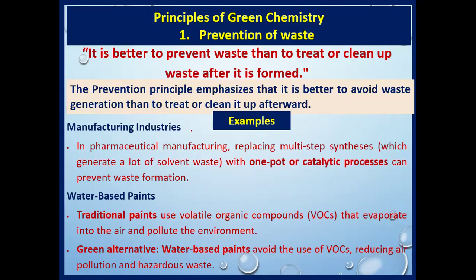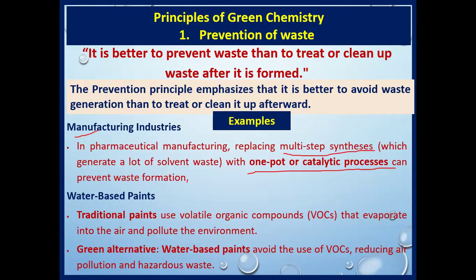For example, in the manufacturing industry, in pharmaceutical manufacturing, multi-step synthesis generates a lot of different types of solvent waste in the environment. These multi-step syntheses can be replaced by one-pot or catalytic processes, which can prevent waste formation, because when we carry out any chemical process in multi-step synthesis, in each step there is a large wastage of solvents in the environment.